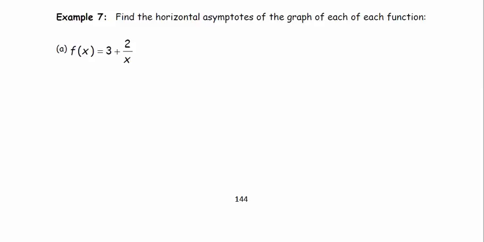So f of x is equal to 3 plus 2 over x. So this is not a rational function yet, but I can write it as 3 over 1 plus 2 over x, and I multiply by x over x to get a common denominator. So 3x plus 2 over x.